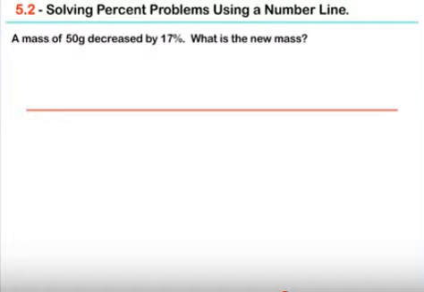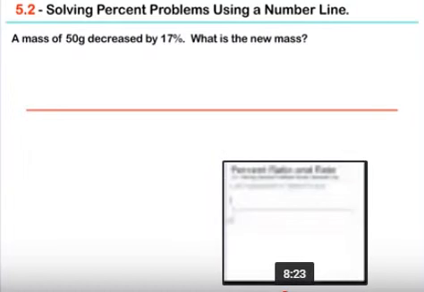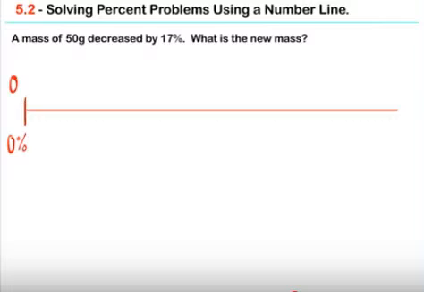So you should start thinking what percent is equivalent to 50 grams. So just to begin, you place the two sides of the number line, the percent side and the whole number side.